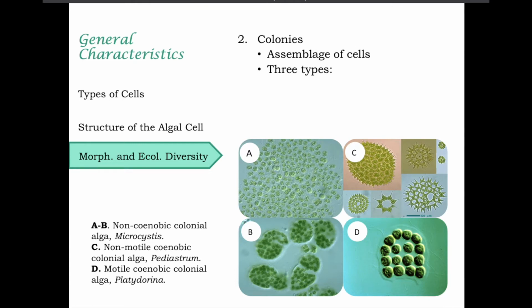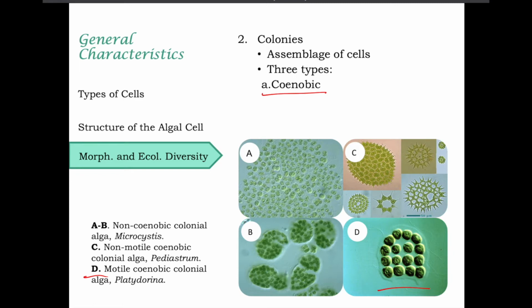So there are three types of colonies here. The first type that we'll discuss is what we call the cenobic type of colony. When we say cenobium or cenobic colony, these colonies have a specific number of cells in that colony. For example, letter D here, your motile cenobic colonial algae, like your Platydorina, has a certain number of cells when they reach maturity.